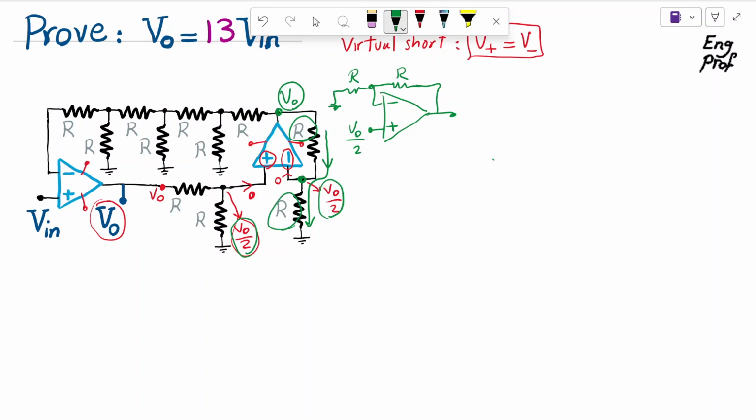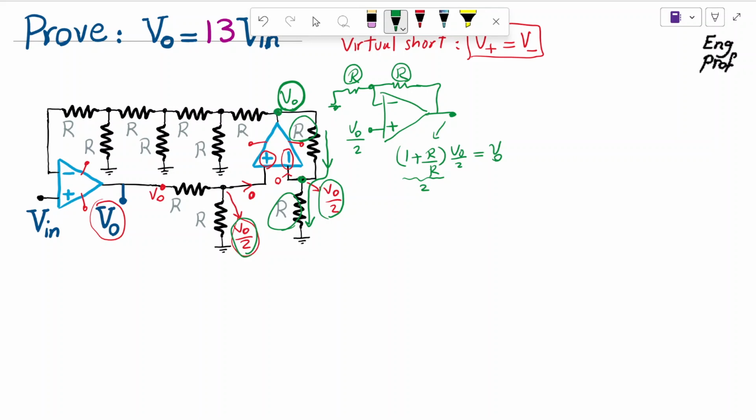And this is an obvious non-inverting formation, and for that the output is simply 1 plus feedback resistor divided by the other resistor, times input, which is V out over 2. This is a gain of 2, so 2 times V out over 2 gives us V out, which is exactly what I wrote here. So we have V out here.